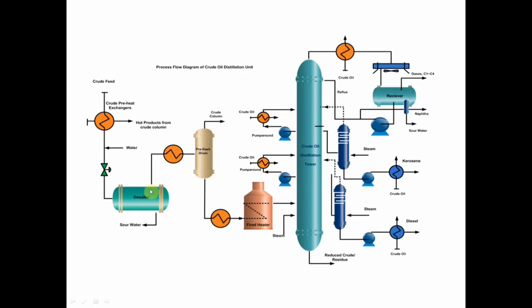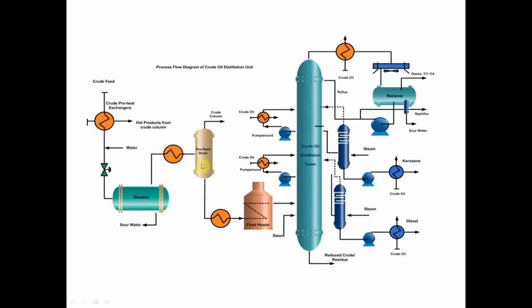Now this crude oil is again pumped and heated with the help of a heat exchanger to a temperature of 180 degrees Celsius to 200 degrees Celsius. So in the first heat exchanger, we heated the crude oil up to 120 to 130 degrees Celsius. In the second, we are heating the crude oil to 180 to 200 degrees Celsius.